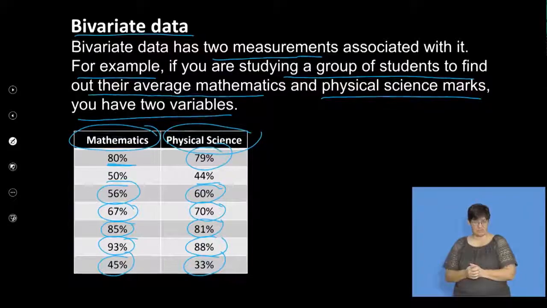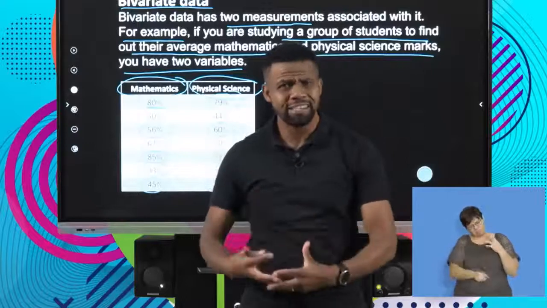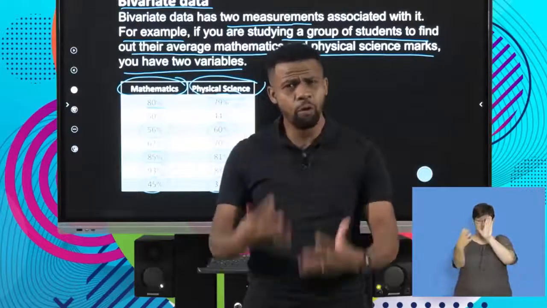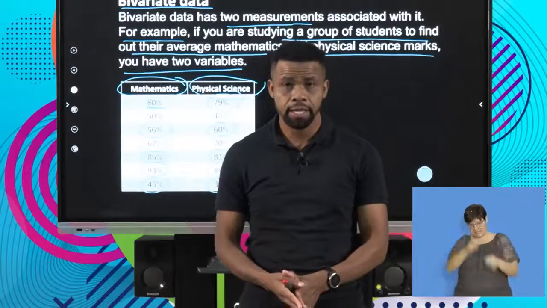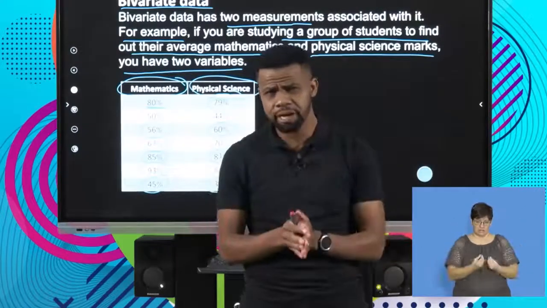If you look at this, 45% for maths ends up as 33% for physical science. But we have one data point. Can we really conclude based on that? So usually we need lots of data to make an informed decision, okay? And later we'll explore more and calculate correlation.